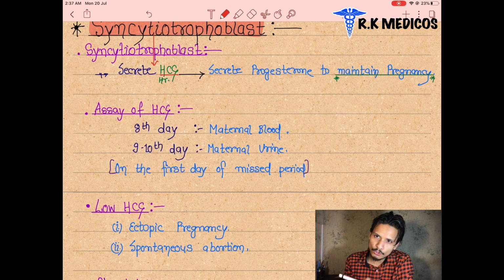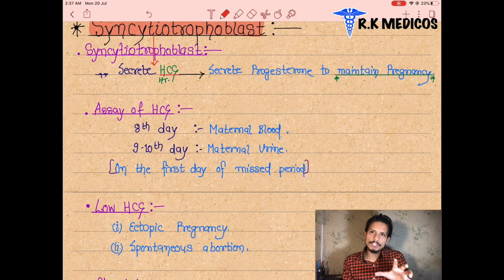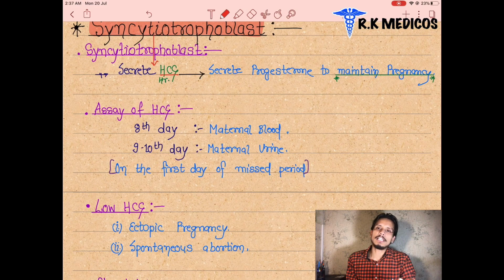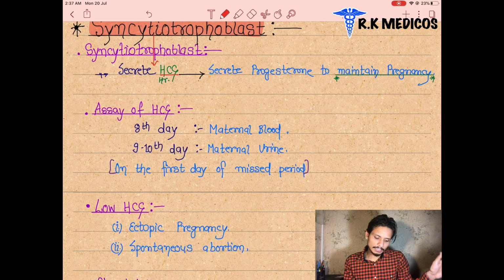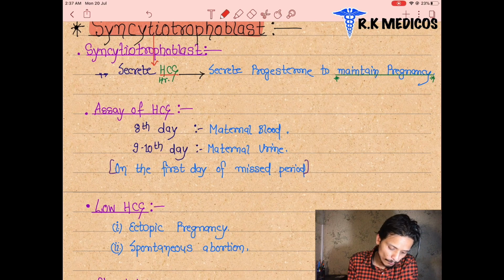It is the outermost covering of our embryonic development. These are embedded inside the endometrium functional layer, moving inside it, and they secrete human chorionic gonadotrophin hormone.